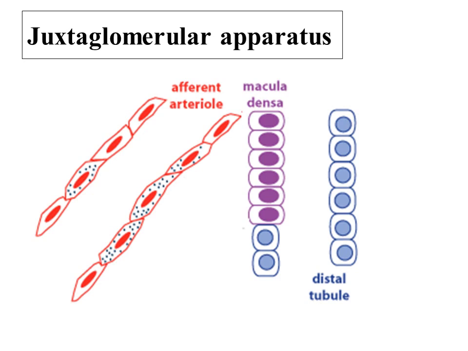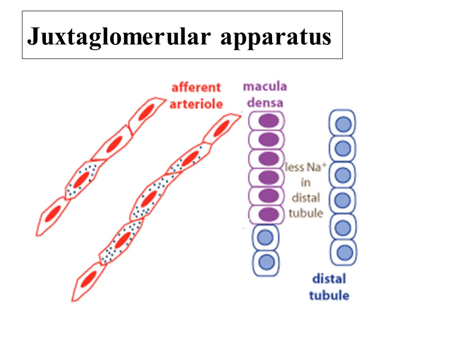What is the macula densa? Macula densa is a group of modified cells in the wall of the distal convoluted tubules, while the juxtaglomerular cells are modified smooth muscle cells in the wall of the afferent arterioles.